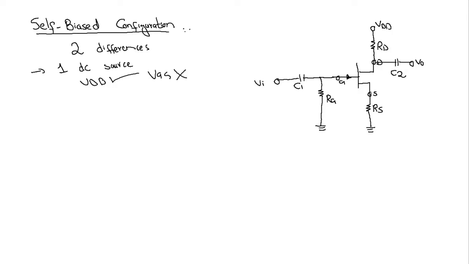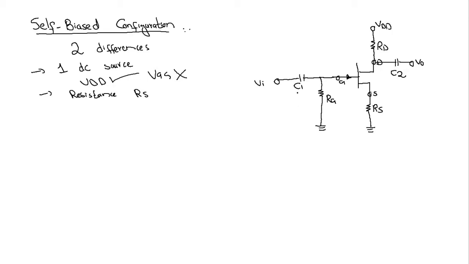So we can say that the self-bias configuration is better as it eliminates the need for two DC sources. The second difference is the resistance RS. If you remember, in the fixed bias configuration there was no resistance RS. So these are my two differences between the fixed bias and self-bias configuration.